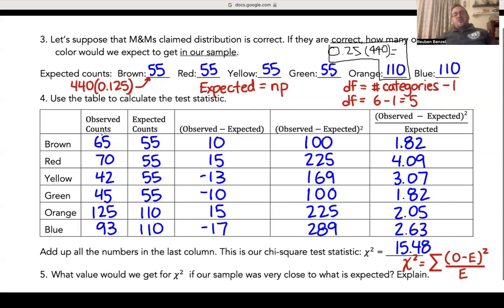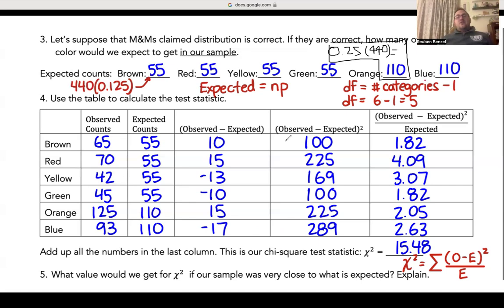So you have the observed and then the expected. In this hypothetical example, we got 10 more brown M&Ms than expected. And we are actually going to square that number. And that is why this is called the chi-squared distribution.